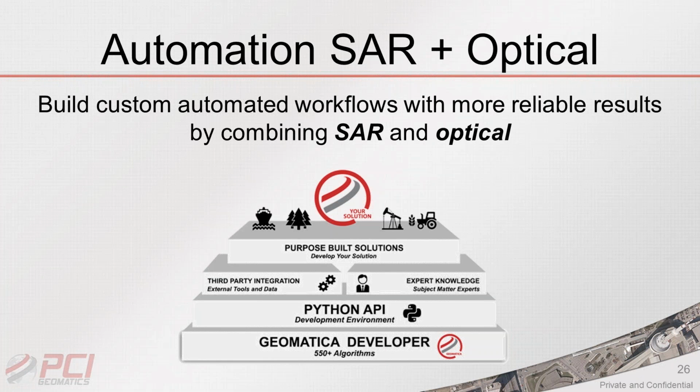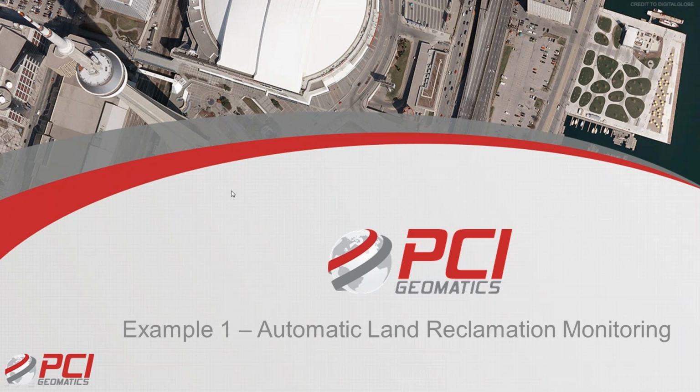The first example is going to be looking for automatic land reclamation activities, and we're going to demonstrate how we can do this and how you can improve your results by cross-referencing the SAR and optical imagery.